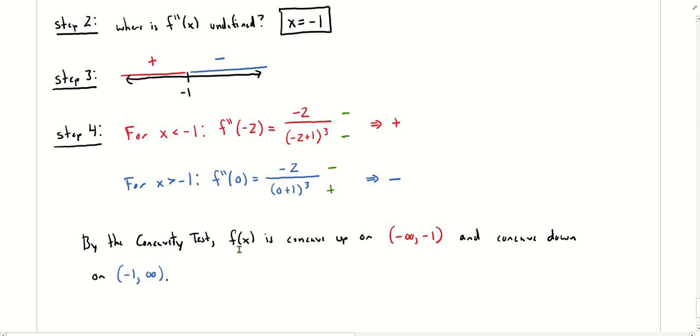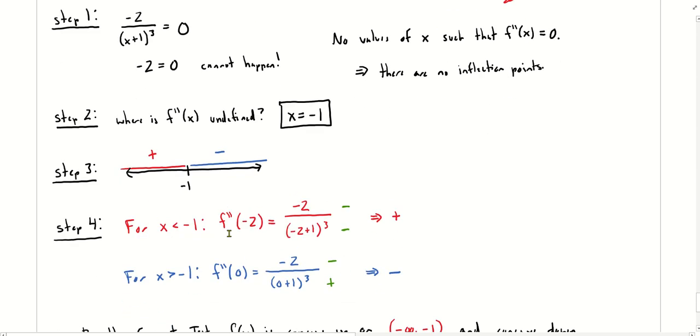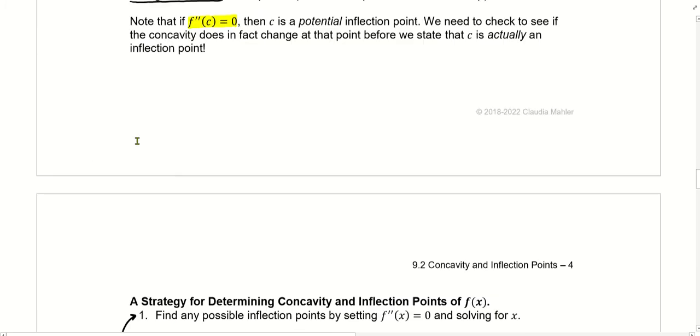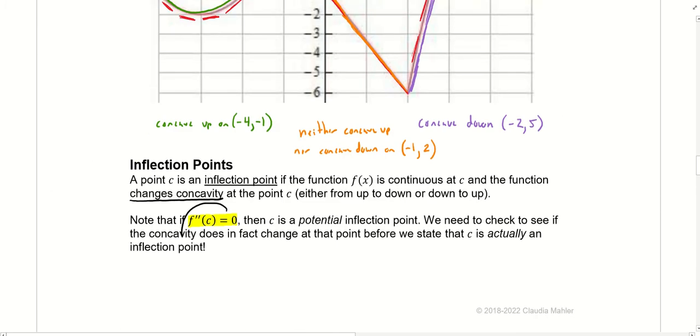It's also not an inflection point. It is technically a point where the sign of my second derivative changes. So as I cross over negative 1, my concavity changes from up to down. But technically, inflection points can only occur at places where the second derivative is 0. So even though I've got this sign switch in my second derivative as we cross negative 1, even though my concavity changes at that point, it's not a place where the second derivative is equal to 0.